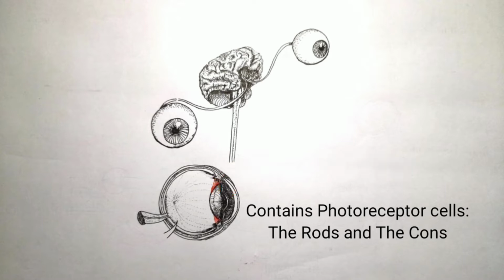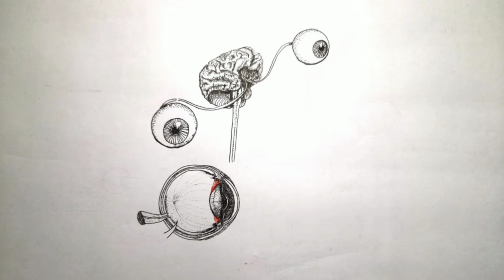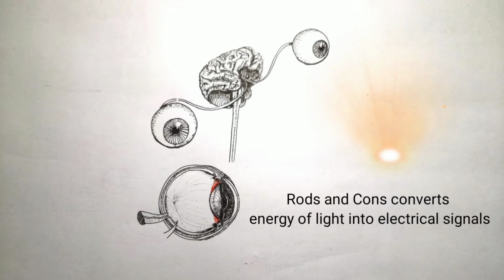Do you know what a transducer is? Transducers are devices that convert energy from one form to another. So the rods and cones act as biotransducers that convert the energy of light, that is photons, into electrical signals. Those electrical signals will travel from the retina through the optic nerve.